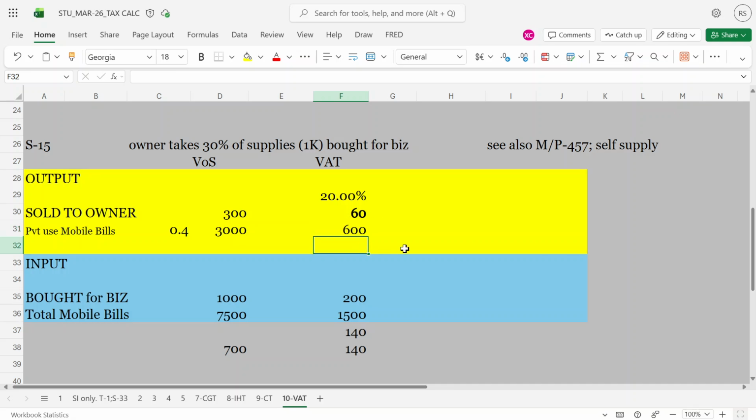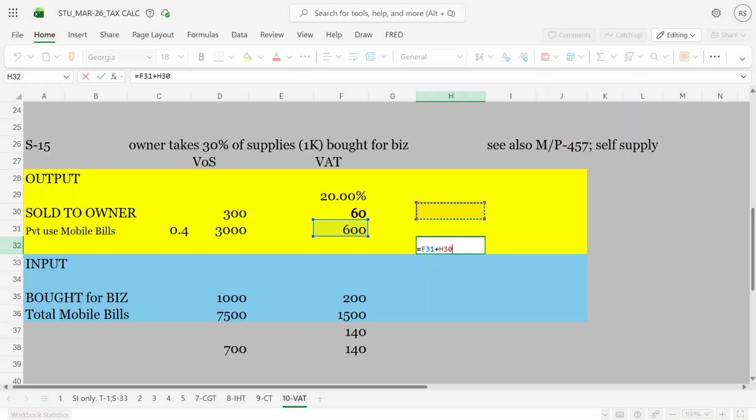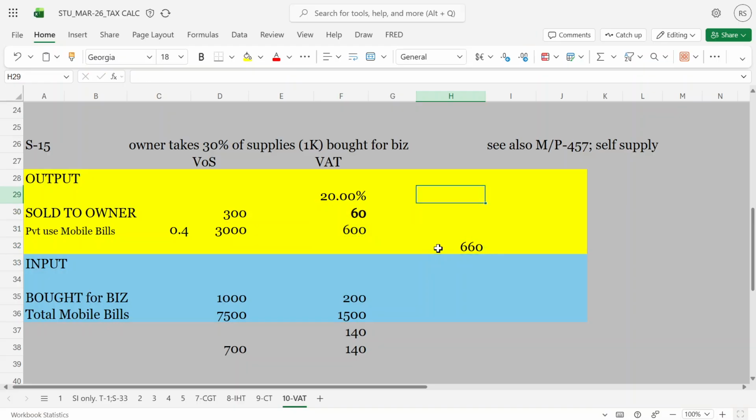So you have a subtotal here, okay, let's say the subtotal here is 600 plus 60. This is to pay to HMRC, and this is received from HMRC.